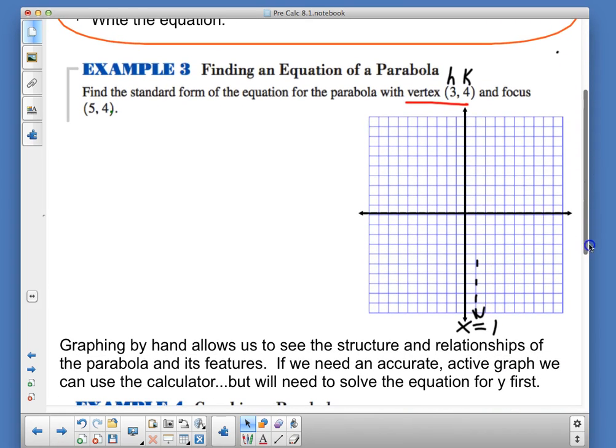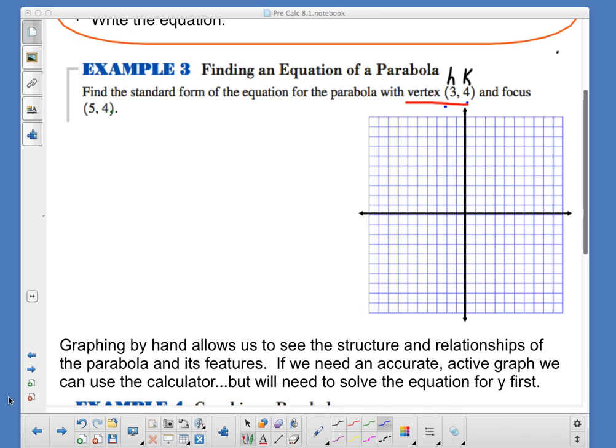If I've got this situation, remember, x, y, h, k for my vertex. Right now, I don't know anything about the graph itself until I put in my vertex and my focus. So let's plot those two values. If I've got the vertex at (3, 4), 1, 2, 3, 4, that's my V. I'm just going to put a V there.